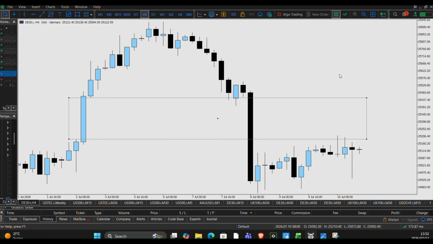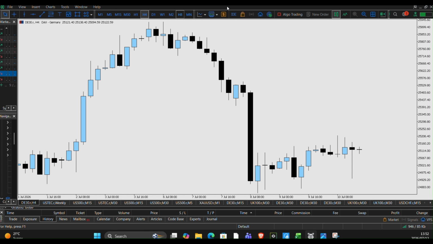But if you're like me, who loves MT5 and is very used to MT5 and doesn't care for TradingView, then yeah, this is what I use, and this is what you can also use if you choose to support me.